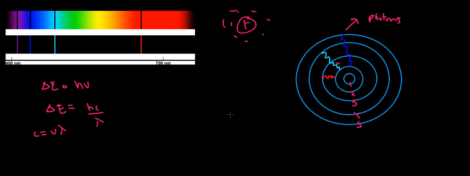And one more question that might be asked: if hydrogen has one proton and one electron, why is more than one wavelength being emitted?